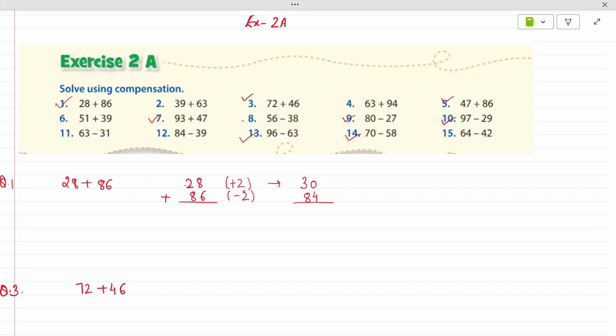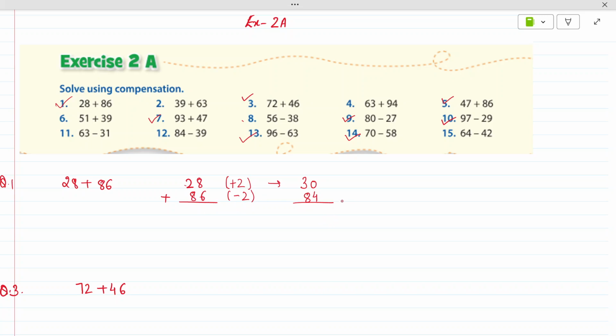Second, we will add 2 to it and make it a multiple of 10. And the same amount which I have added to this number, I have to subtract from the other number. If I did +2 here, I will have to subtract 2, I will have to do -2 from the other number. These are my new numbers: 28 plus 2, 30; 86 minus 2, 84.